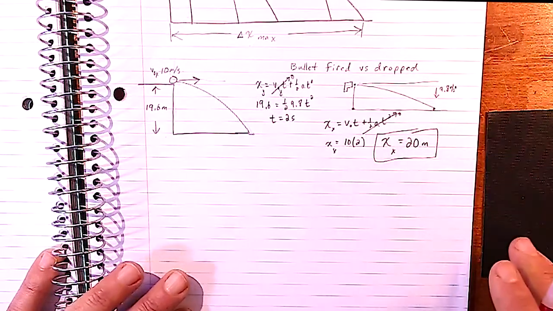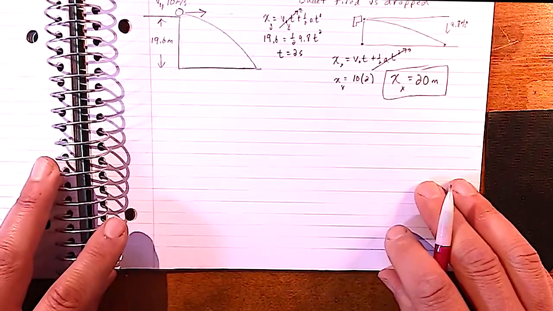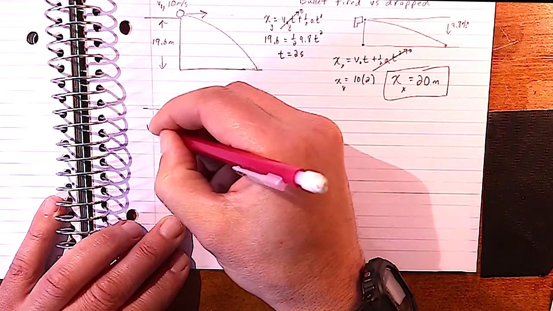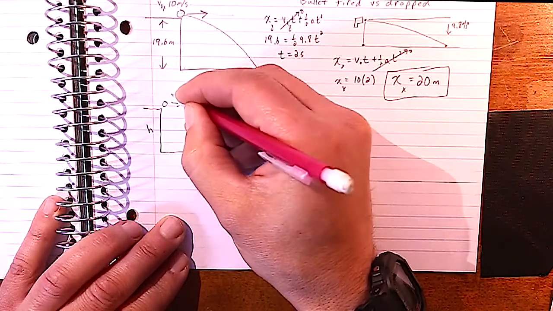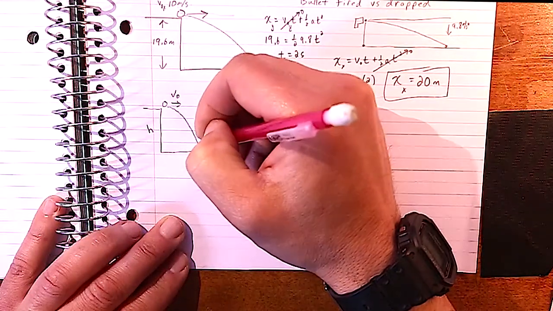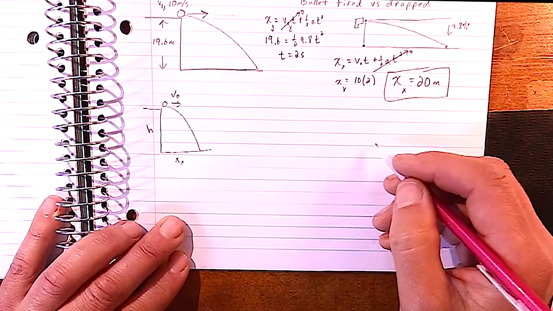But let's go ahead and do this as a derivation. So if we have our cliff, and the cliff has a height h, and it's launched with an initial velocity of v0, it travels the same parabola, but let's solve for x.